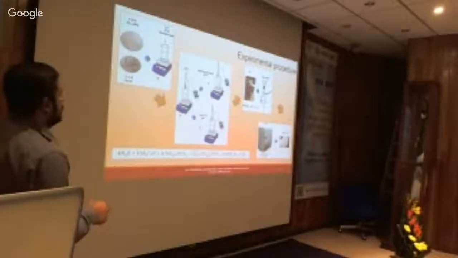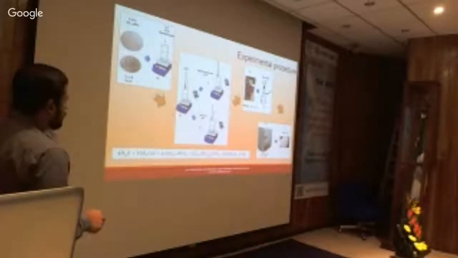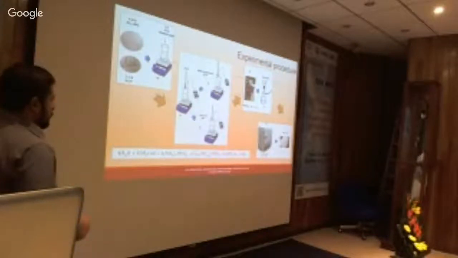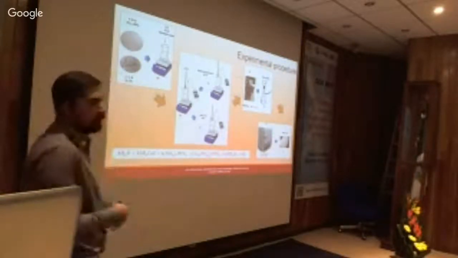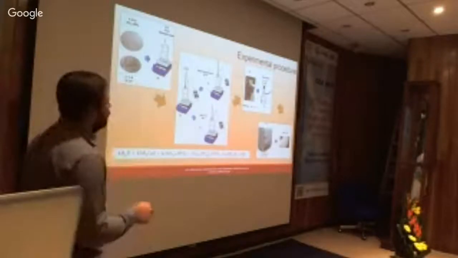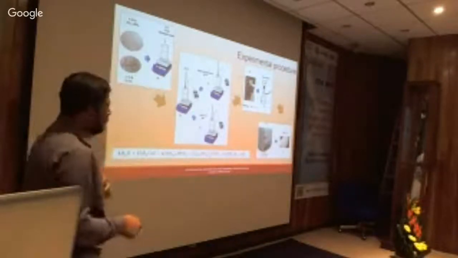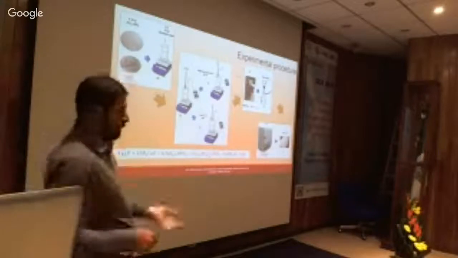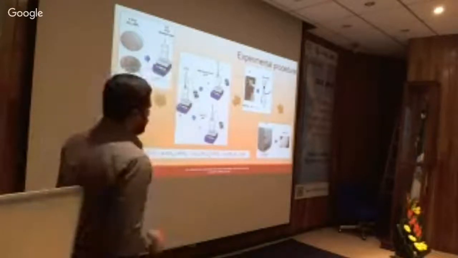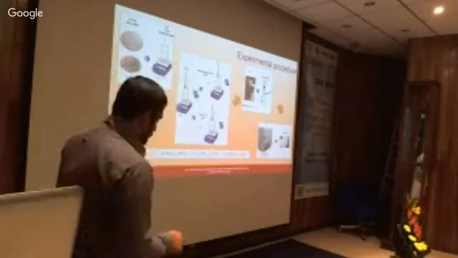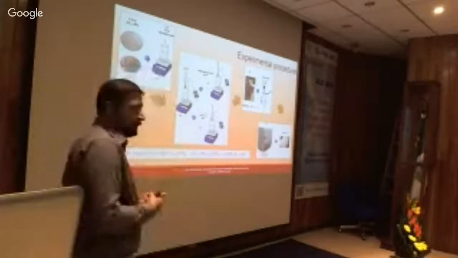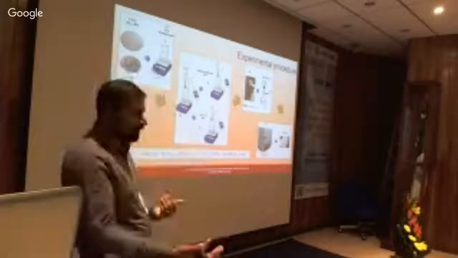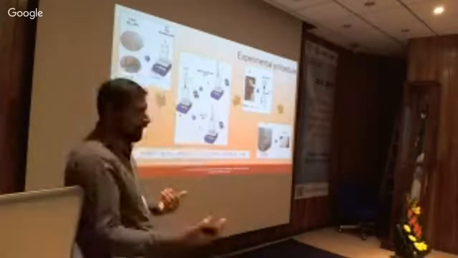Then we adjust the pH, and we kept it inside the hydrothermal oven for 24 hours at 200 degrees to get the precipitate, and then we dry it at 50 degrees centigrade to obtain hydroxyapatite powders. These powders are the uncalcinated powders, and we have calcinated them at 500 degrees centigrade in order to observe the effect of the annealing temperature.